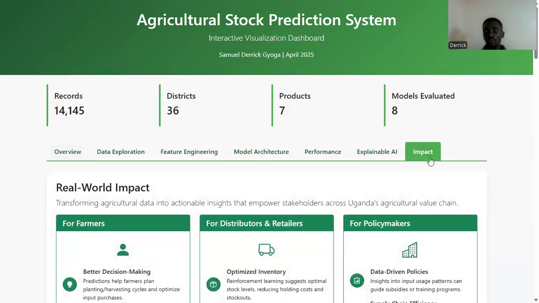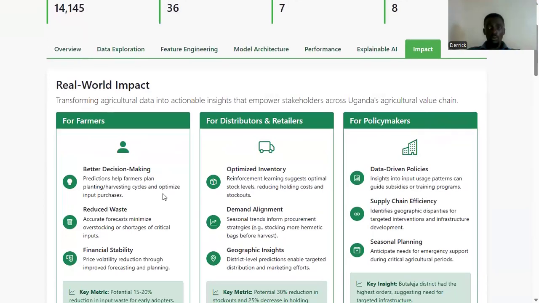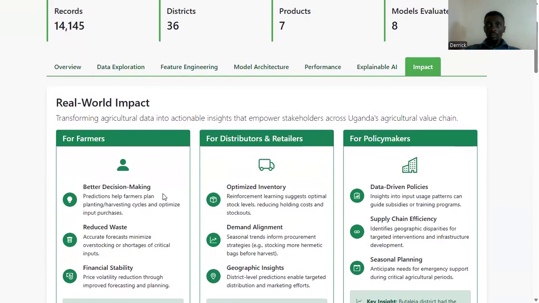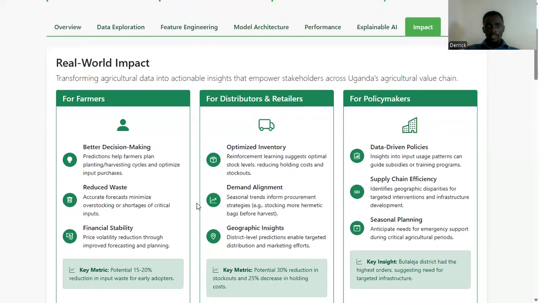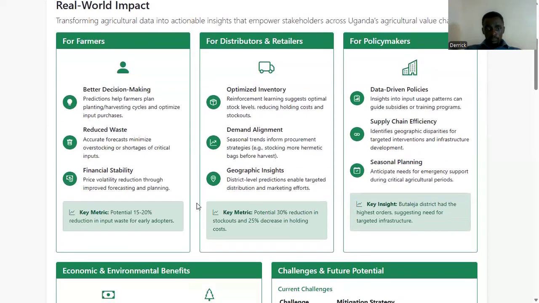So our system supports farmers' better decision making, as we have seen how our two models come up to tell you the action of what to do and how our various other models have been predicting. And then these are for the policy makers and the distributors, how our system impacts them.